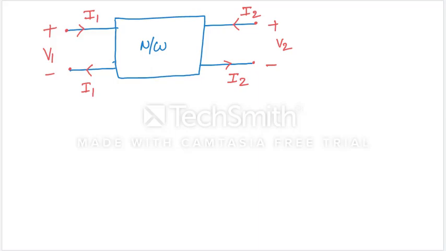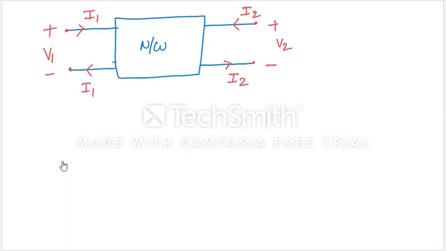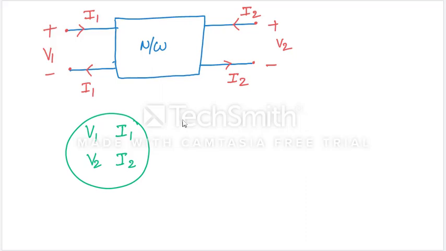Right, now we can see in these two port networks, how many variables do we have? That is V1, I1, V2, I2. Totally 4 variables we have.